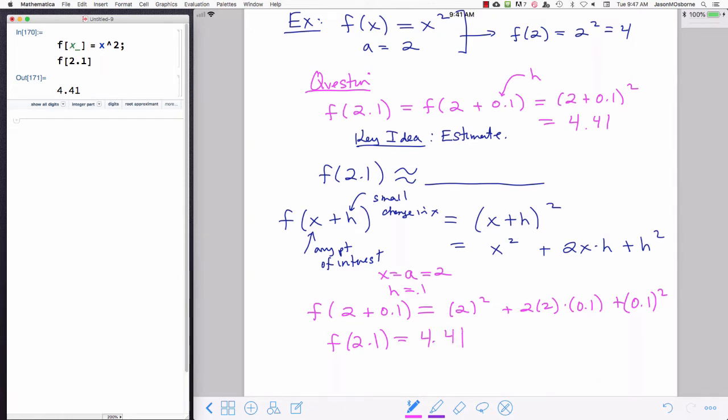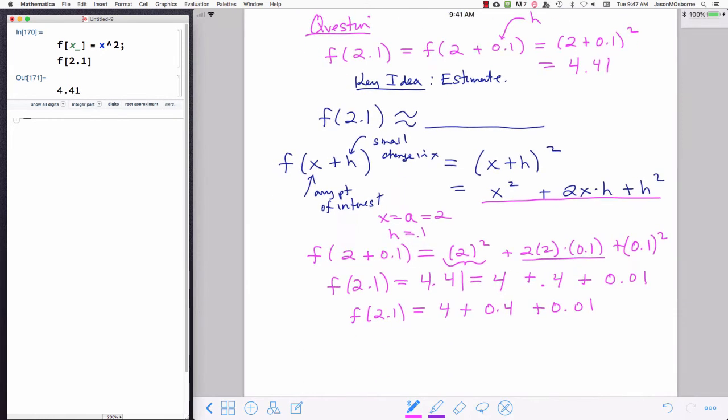But what we've shown up here using this foiling formula is that 4.41 is 4 plus 2 times 2, which is 4, times 0.1, which is 0.4, and then 0.1 squared is 0.01. So what we've shown is that the function at 2.1 is really 4.41, but that 4.41 is 4 plus 0.4 plus 0.01.